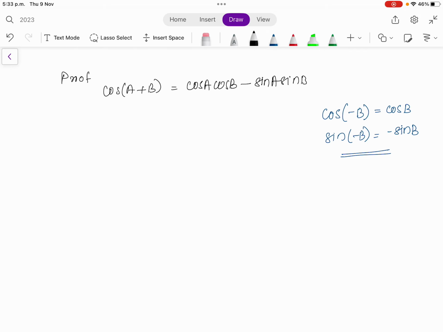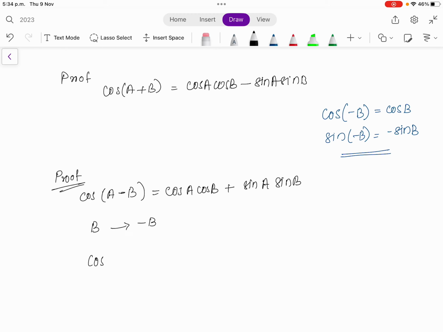So you take the already existing proof, cos A minus B, which we proved before, cos A cos B plus sin A sin B. You just take the previous one, and instead of B, you replace it with minus B, because that is what you have to find out.